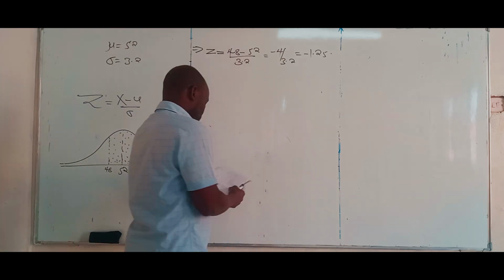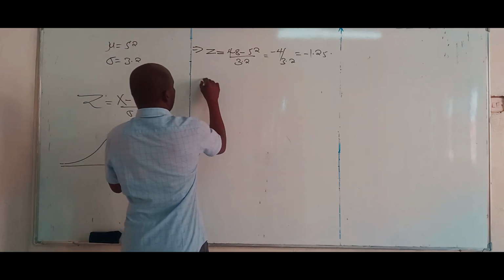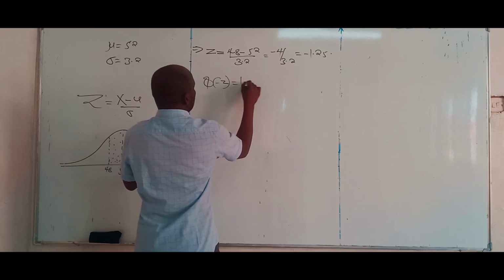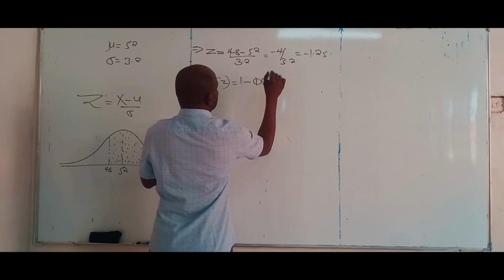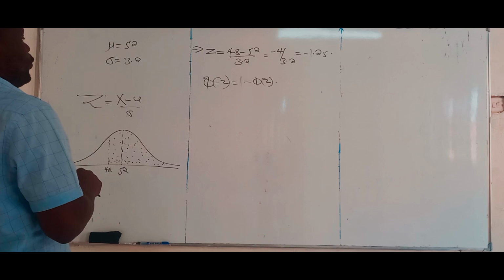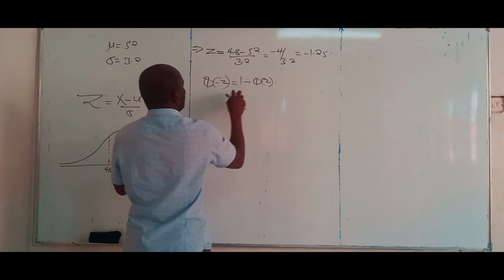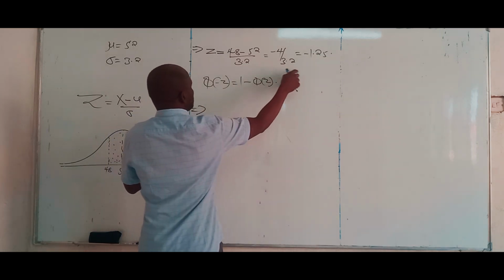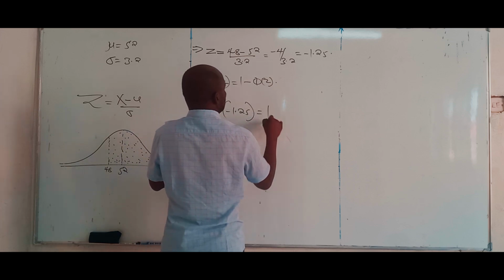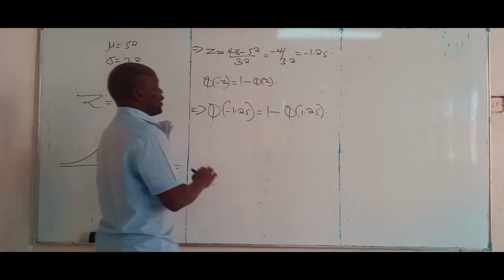So let's see. We have that phi of negative z is given by 1 minus phi of z. On that basis, phi of minus 1.25 will be given by 1 minus phi of 1.25.